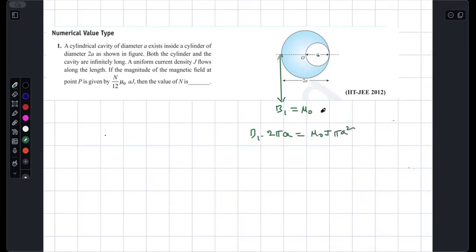So finally, what is that you are going to write? Mu naught J A by 2 down there. Right. That is due to full. Due to this, it is now inward. Due to inward left side, upwards.